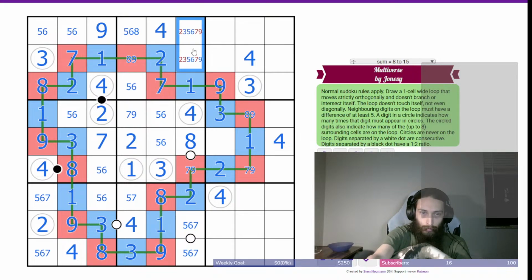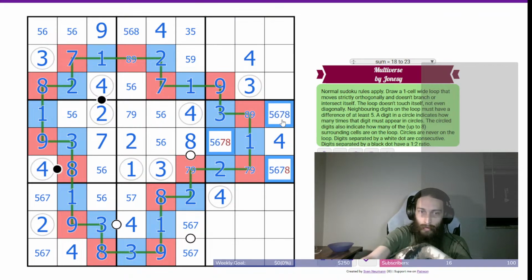What's left over here? 1, 4, 8, 6, 2, and 7. Not a 3, not a 9. 5, 6, 7, 8, 9, where this one isn't 7, 8, 9, and not an 8 over here in the corner.